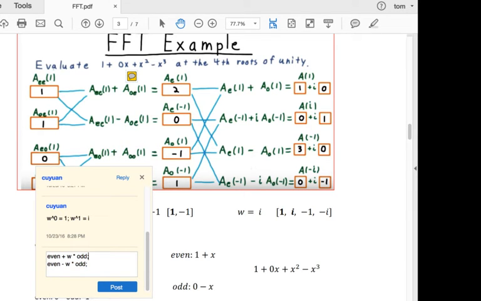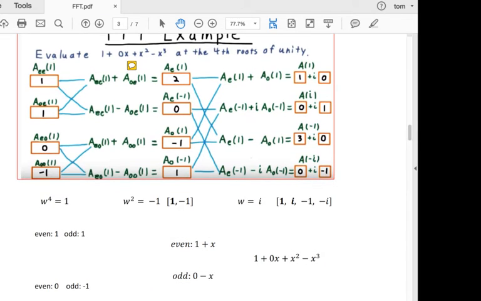I write the even and odd, split the even and odd in very detail here. So here is the even, odd. For the first one, it's even plus odd. The second one is even minus odd.